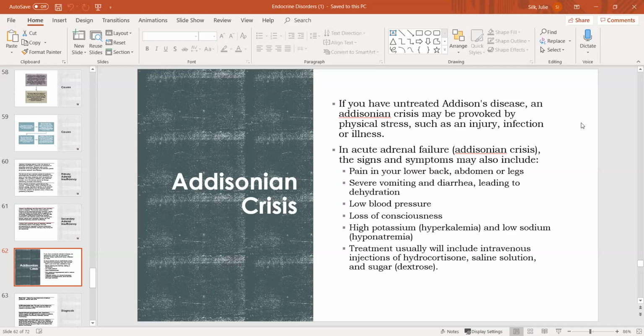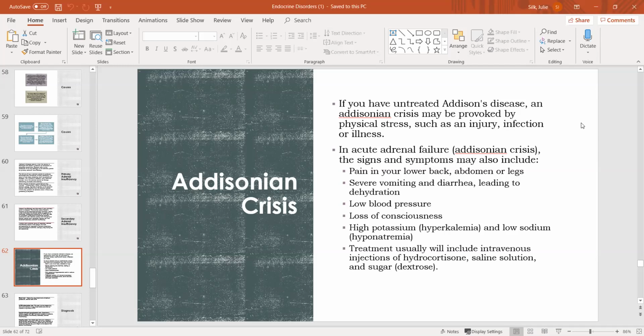This can be provoked by physical stress, such as an injury, infection, or illness. Maybe I don't know I have this and I'm out in the population, and all of a sudden I get a bad case of the flu, and that causes me to go into this. This would make you go into acute adrenal failure, and you would get things like pain in your lower back, severe vomiting and diarrhea, low blood pressure, loss of consciousness, really high potassium, low sodium, just to the extreme.